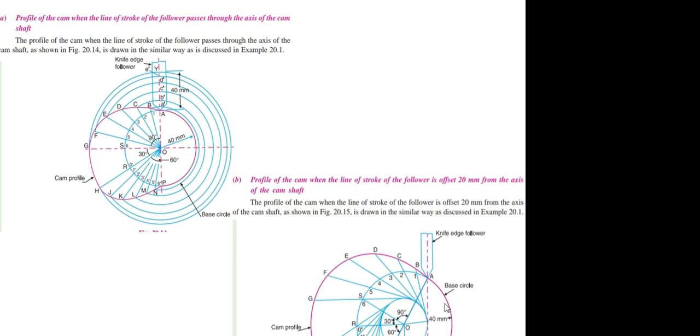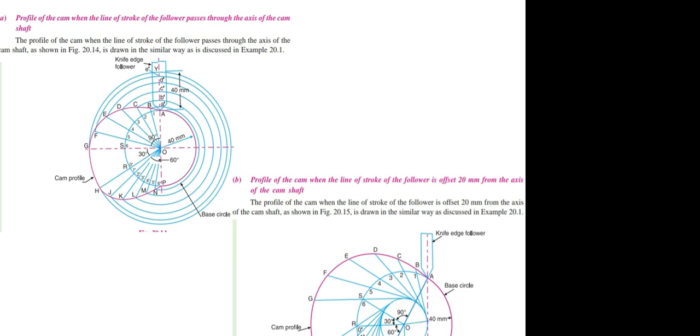For this construction, draw the base circle by taking 40 mm radius. Then draw the offset circle by taking 20 mm as a radius. Take O as a center, 20 mm as a radius because offset distance is 20 mm, and draw the offset circle.